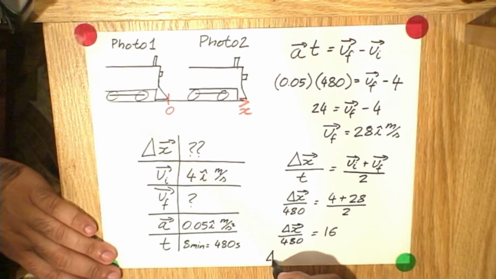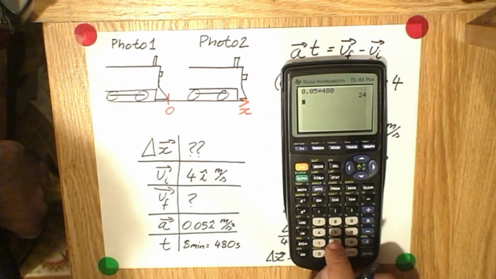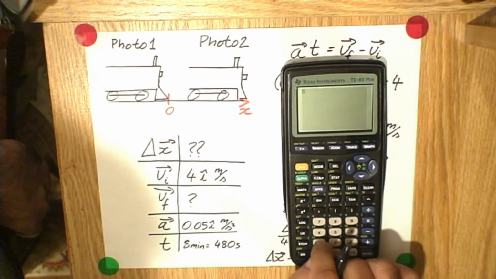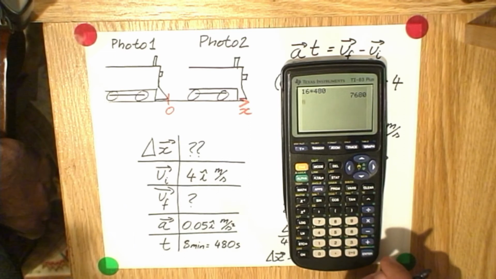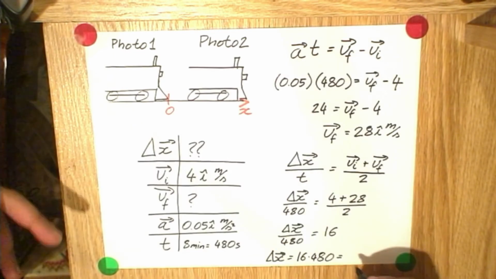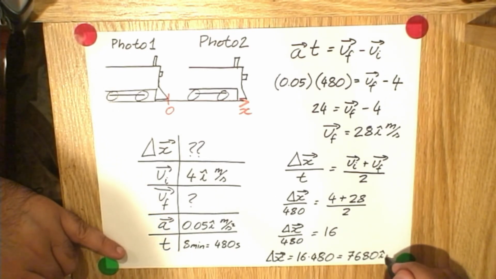So delta x is equal to 16 times 480, which is equal to 7,680 i hat meters.